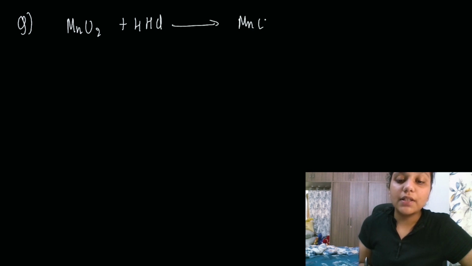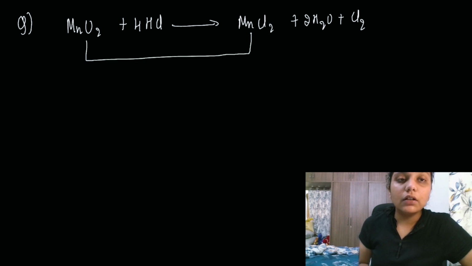The reaction given below is a redox reaction: MnO2 plus 4HCl reacts and gives MnCl2 plus 2H2O plus Cl2. Here you can see that MnO2 is getting reduced to MnCl2, as we are removing oxygen. That is a reduction process.